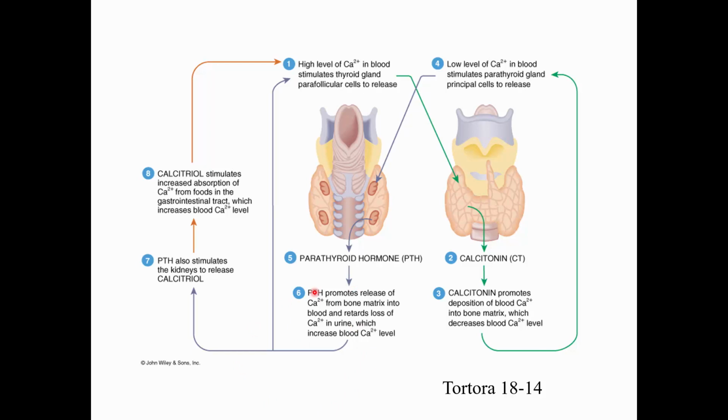Parathyroid hormone is also going to work on some other things. It's going to work on the kidney to take vitamin D and turn it into a hormone called calcitriol. And calcitriol is going to bind to cells in the gut. Calcitriol then increases gene transcription of calcium channels and calcium binding proteins that allow us to reabsorb calcium from the gut.